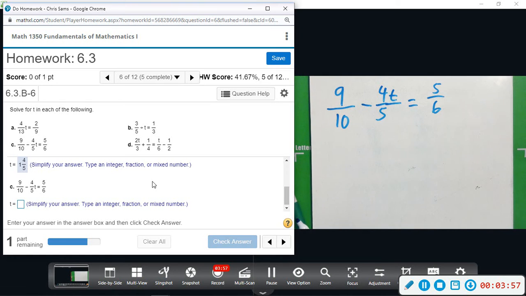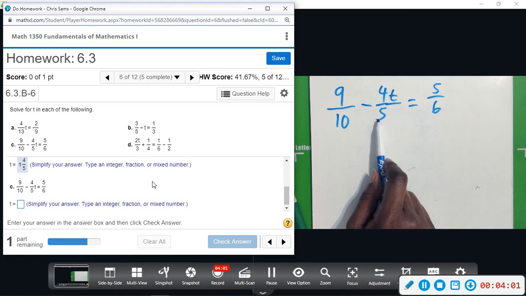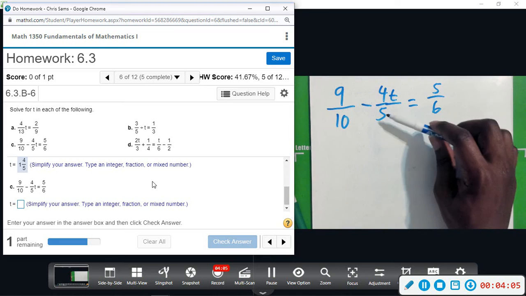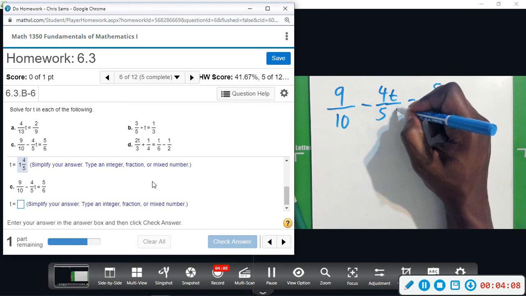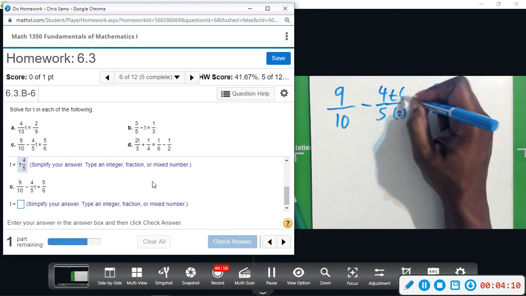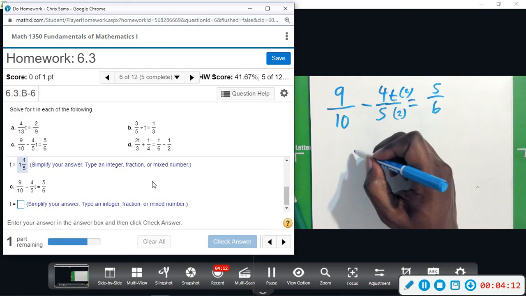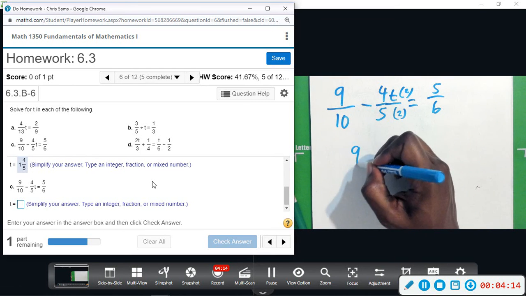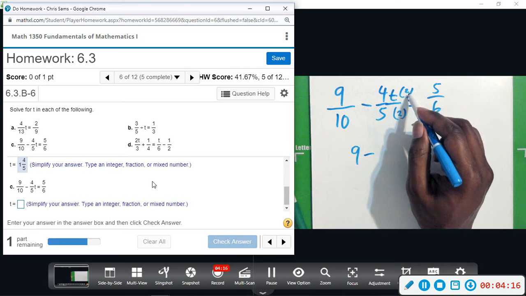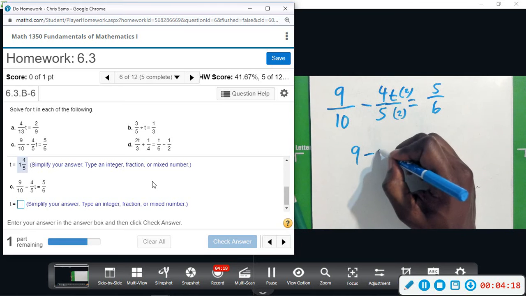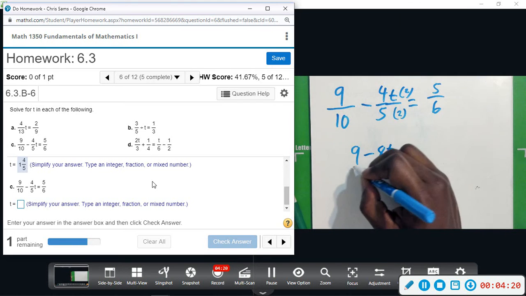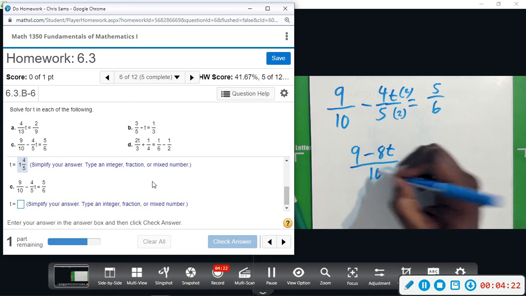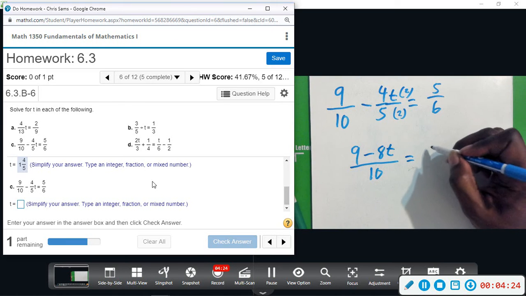So what we'll do is get a common denominator between these two, which will be 10, and we'll combine these two. So to get 10, I have to multiply this top and bottom by 2. So that will give me 9, this one will stay the same, minus 2 times 4 would be 8t. This will all be over 10, and it will equal 5 over 6.